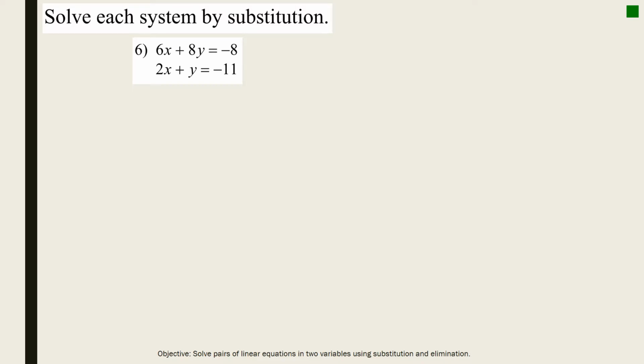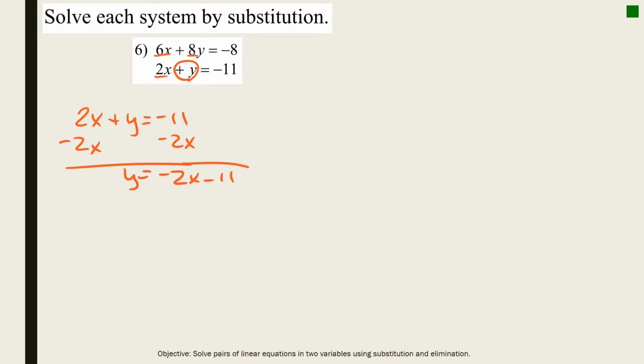Substitution again. Coefficient, 1. So I'm going to take 2x plus y equals negative 11, and I'm going to get the y alone by subtracting 2x. So I find out that y is negative 2x minus 11. I'm going to go to the other equation, 6x plus 8y equals negative 8.